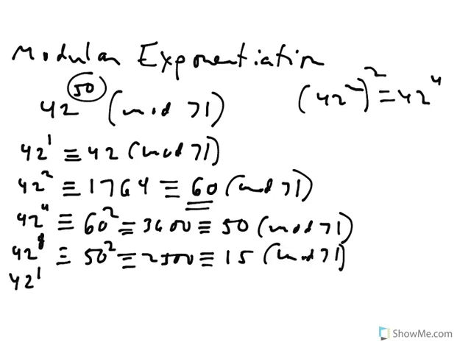I can now jump to 42 to the 16th power just by doing 15 squared, which is 225. 225 divided by 71 is just 3, remainder 12.